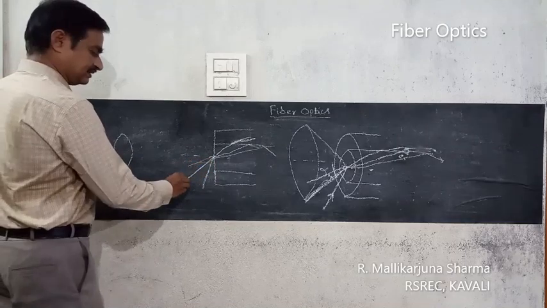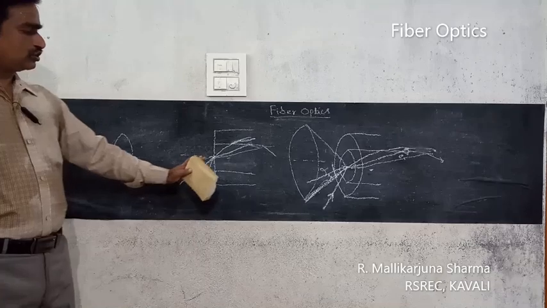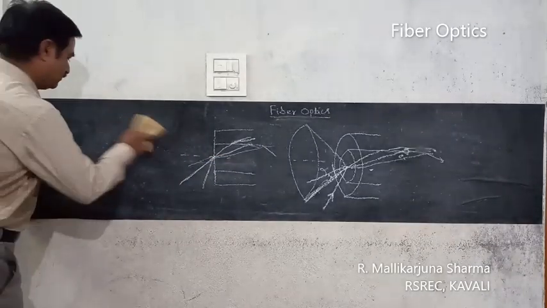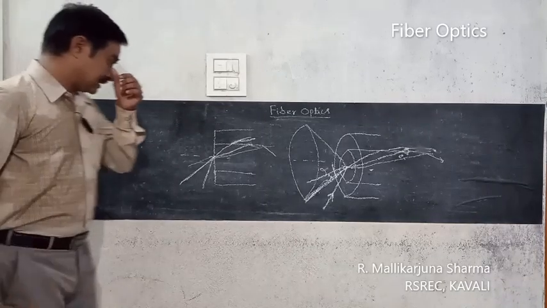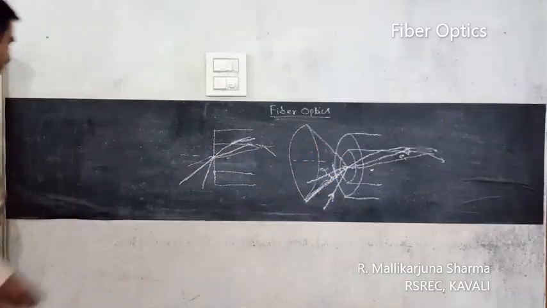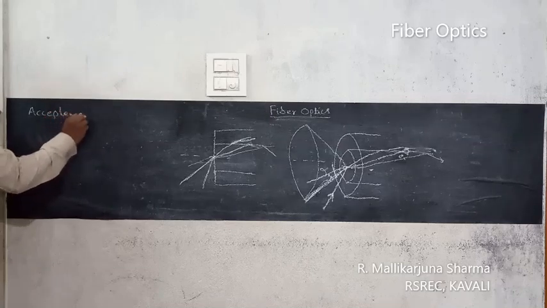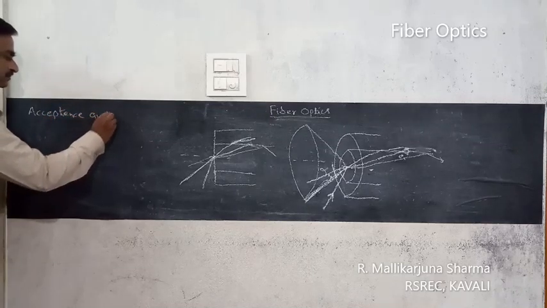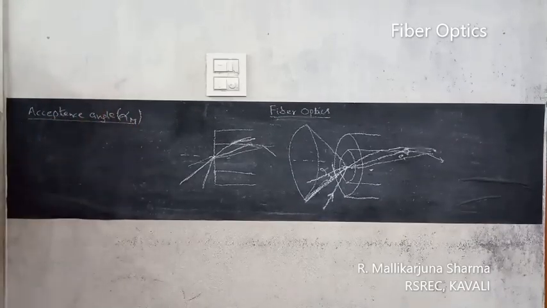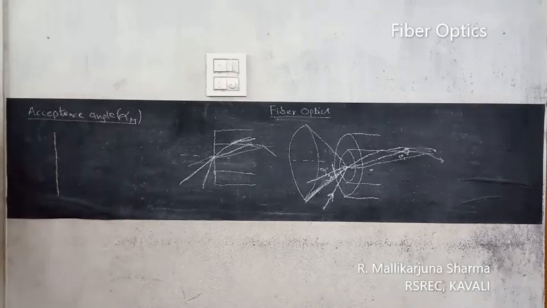If we take this critical ray here, we are going to show only this ray in order to do the calculations. That's why we draw the angle like this. First, we are calling this the acceptance angle, and we are representing it with alpha m. Now we are going to take a critical situation.